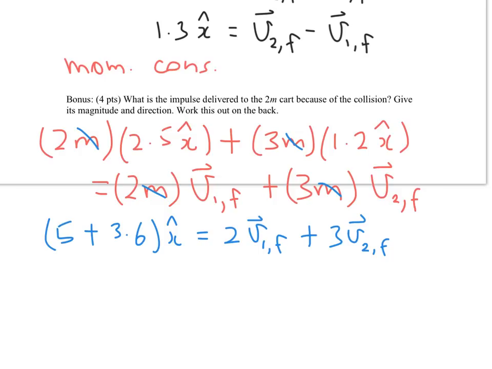Now, there's no rhyme or reason for that, except it helps me solve the problem. So 5 plus 3.6 is 8.6. You divide by 2, it is 4.3.